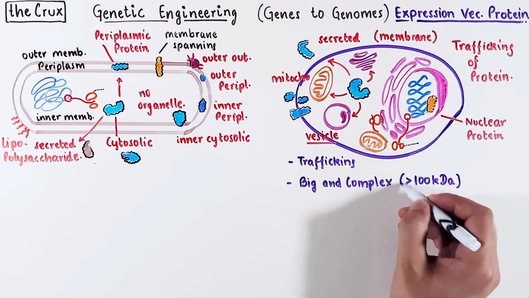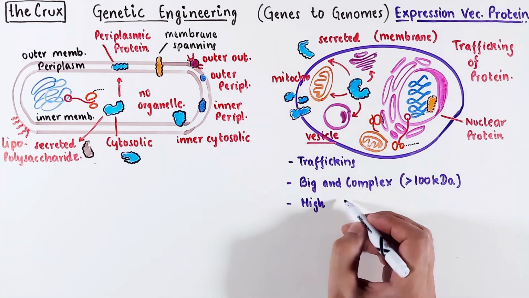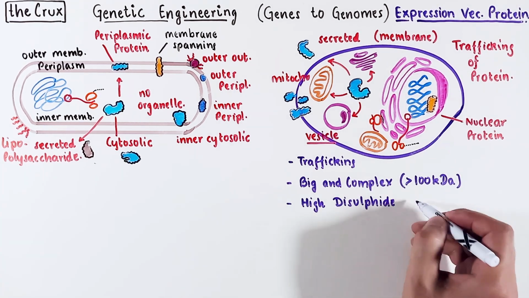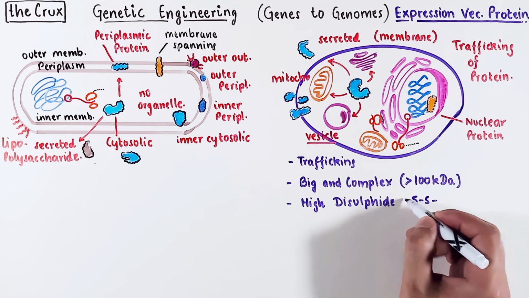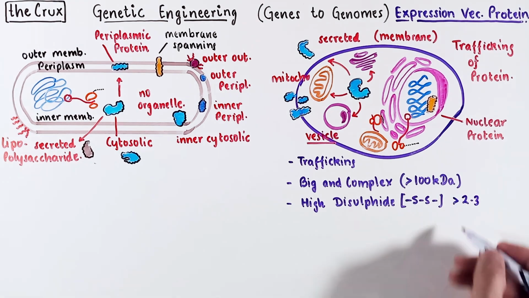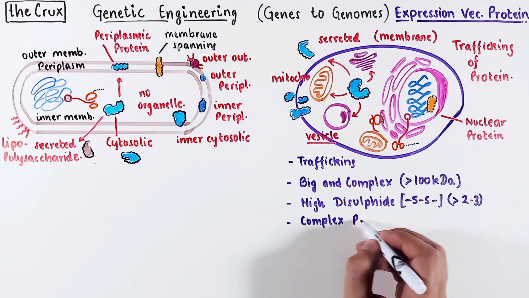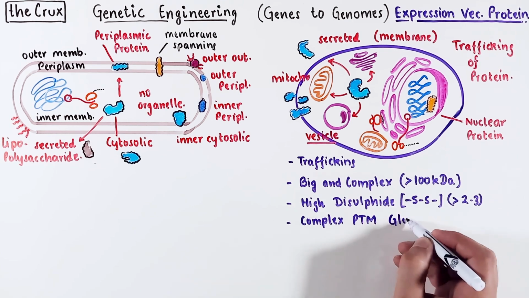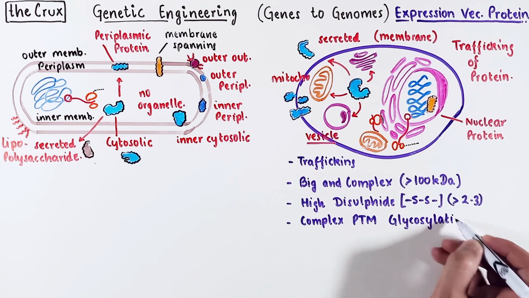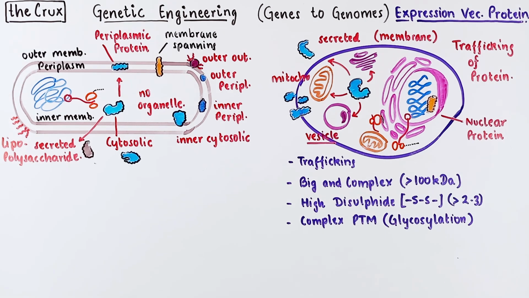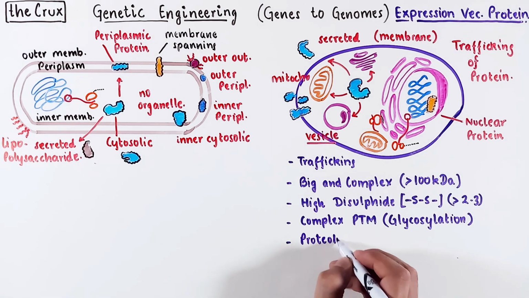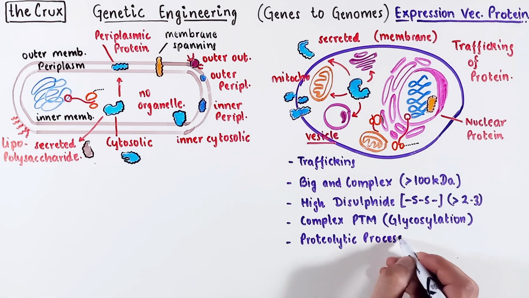Typically, over 100 kilodaltons is said to be a big problem. Eukaryotic proteins also tend to have a lot more disulfide bonds, high meaning more than 2 or 3. Eukaryotes, especially mammals, have very complex post-translational modifications, and glycosylation is the most common modification, and this typically becomes a problem in other organisms.